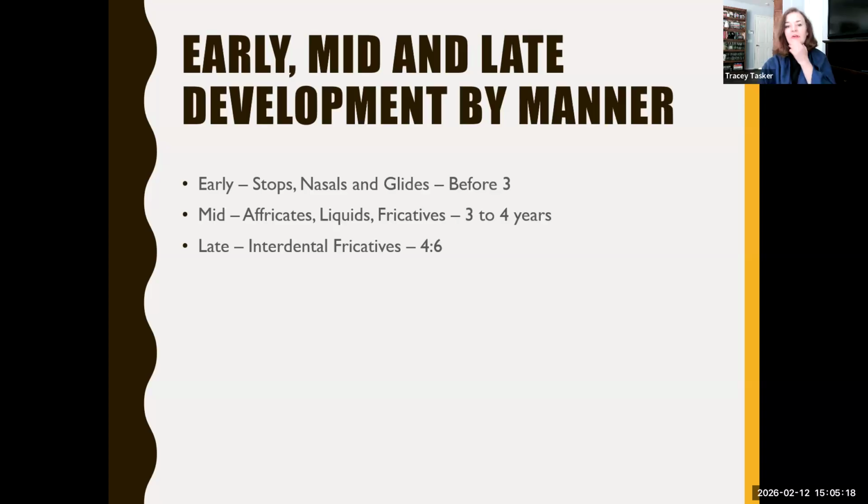We talked a little bit about development before, but just to bring it into this discussion, on manner, stops, nasals, and glides are early developing sounds, usually by 3 years old, not always, but usually. Mid sounds are affricates, liquids, and fricatives. And then those interdental fricatives, once again, are later developing sounds.